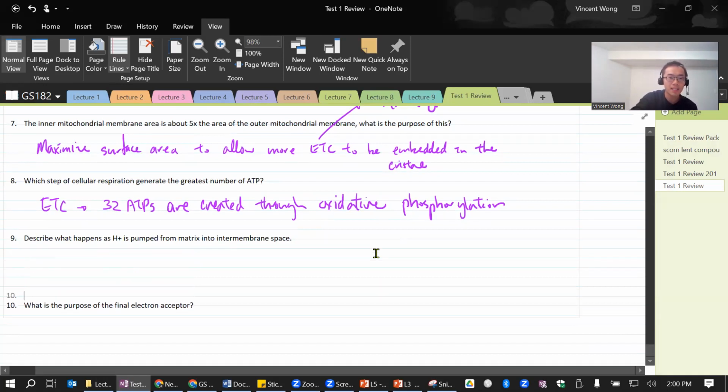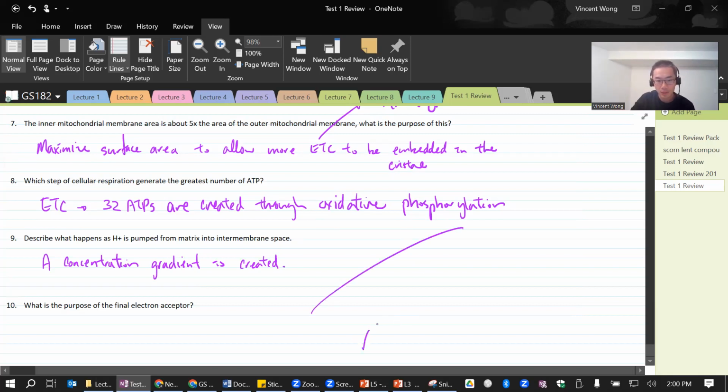So describe what happens as H plus is pumped from the matrix into the intermembrane space. Okay, so a concentration gradient is created. It's like damming the water, right? So here, lots of H plus in the intermembrane space.